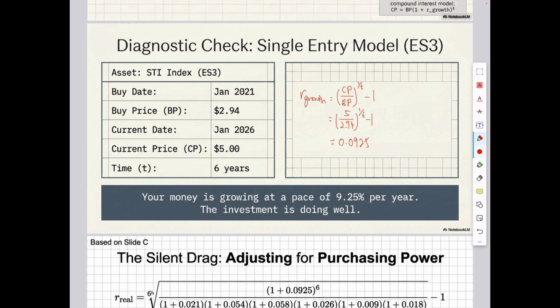So this means my money is growing at a pace of 9.25% per year. If I were to be very precise, it is an average pace.